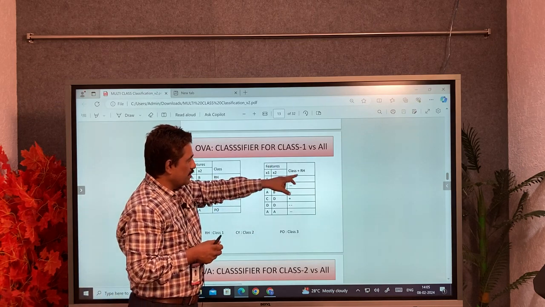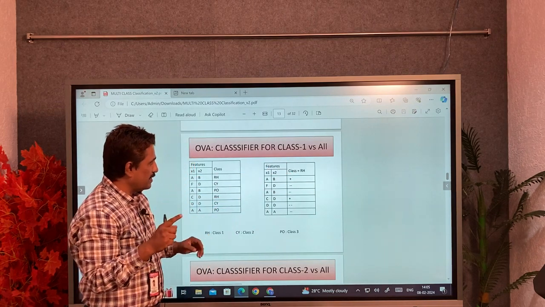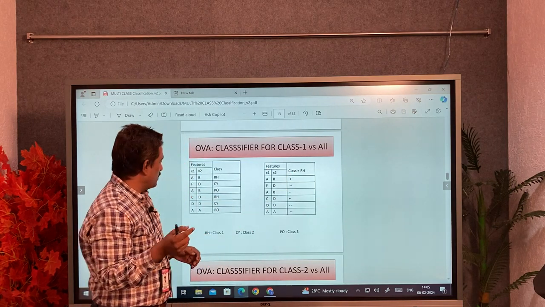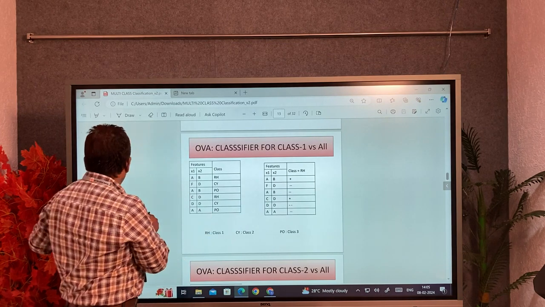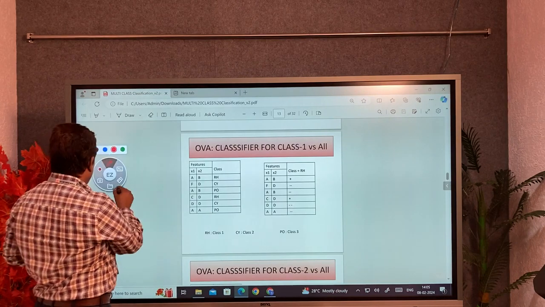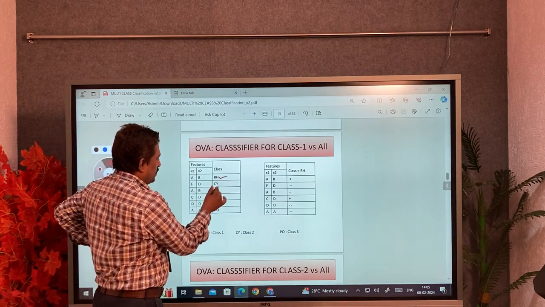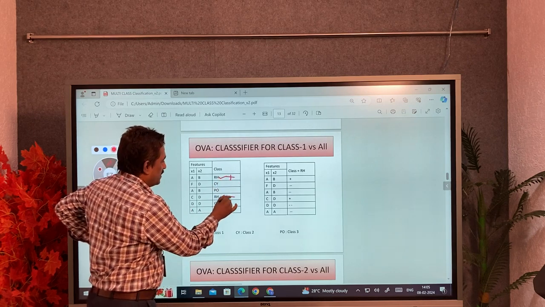We are talking about RH, rhombus versus not rhombus. Wherever rhombus is there, treat it as positive, for example +1. Wherever other shapes are there, treat them as negative. So, here we have RH, so treat it as positive. Here also we have RH, treated as positive.